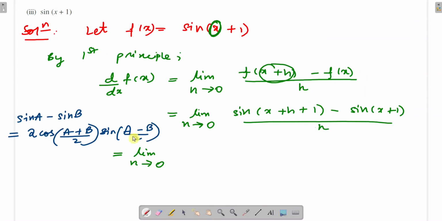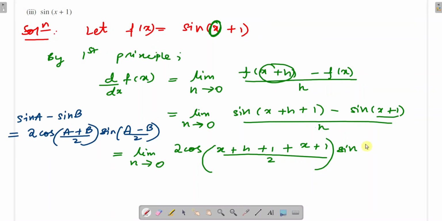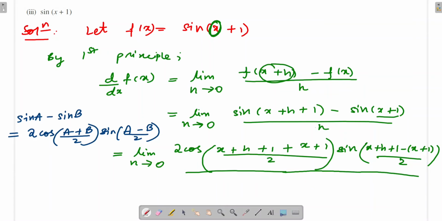So what we will get here, 2 times cos of a plus b, so this is a, and this is b, so x plus 1, and then divided by 2, and then sine of x plus h plus 1, this is a, and then minus of this bracket x plus 1, and that is divided by 2, and this is whole divided by h.